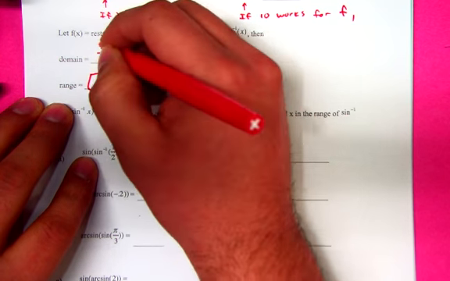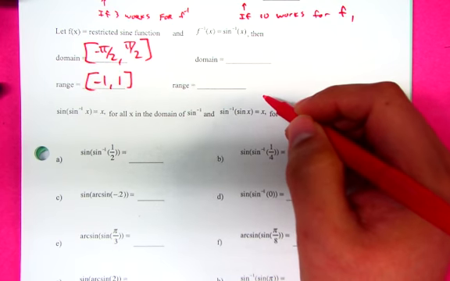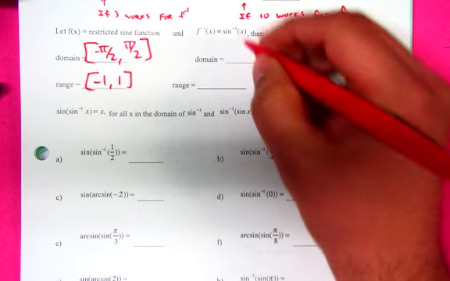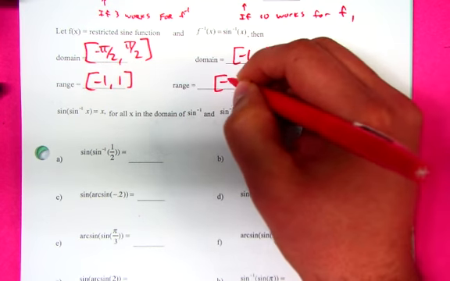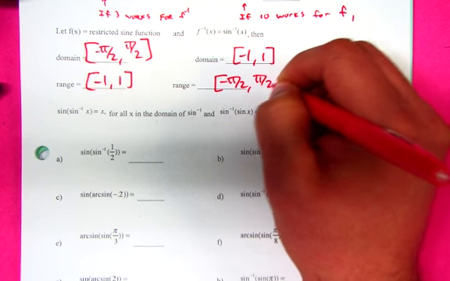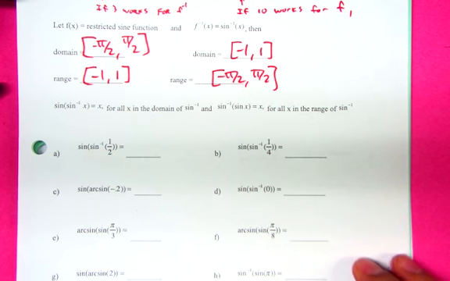All of it? Okay, so then here, yes. The domain is -1 to 1, and then it's -π/2 to π/2. Good. Okay. So here's how we do this.